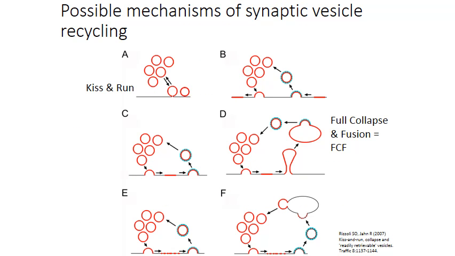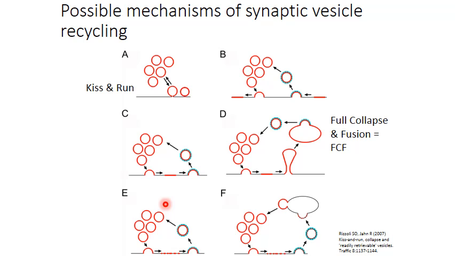Now, we've already looked at the Heuser-Reese model of full collapse and fusion, where vesicles, after dumping their contents, merge fully with the plasma membrane and then are endocytosed either in vesicles or large endosomal structures, from which new vesicles can then be reformed and move then into a storage pool ready for movement to the plasma membrane and fusion again.